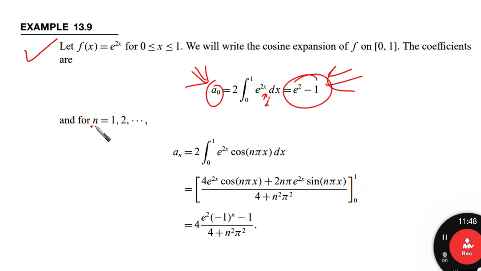What about n starting from 1? This is where n equals 0. Now we're starting with n equal to 1.